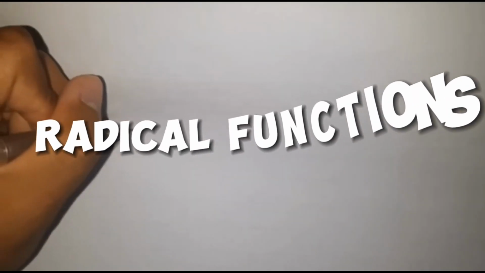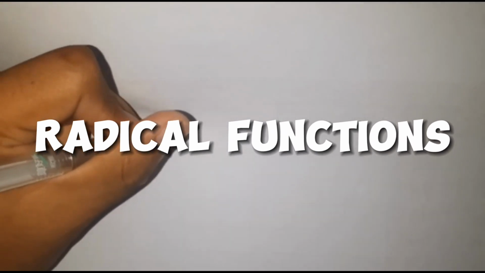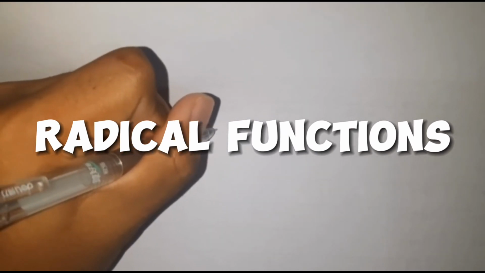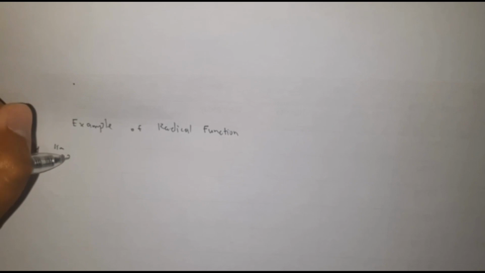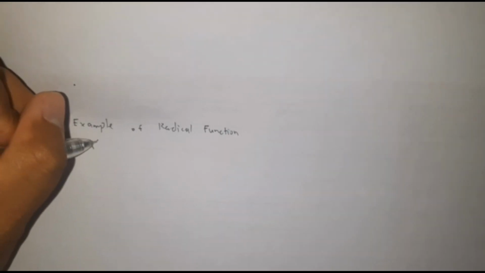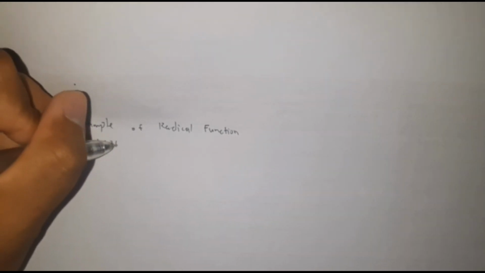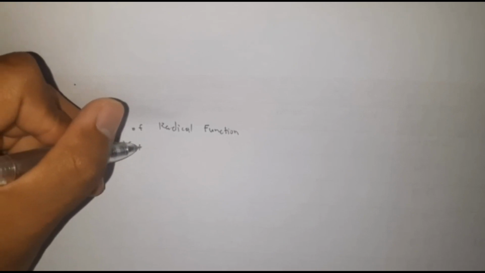The next topic is the limits of radical functions. For the first example, we're going to find the limit of the cube root of (x squared plus 4) times (x plus 6) over (x plus 2) as x approaches 2.